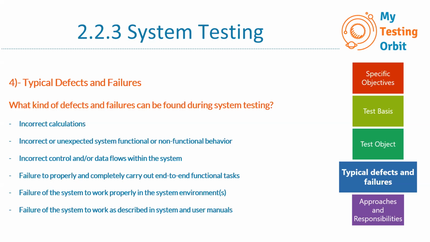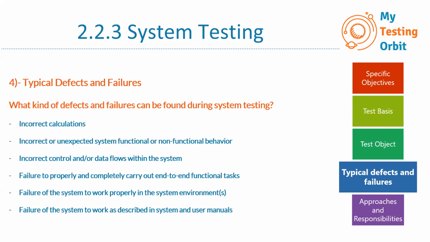calculations may be incorrect. So let's say we have an online shopping application and we are adding different products. If one product is for £50 and the other one is for £20, and when we add them to the shopping cart the total calculation is incorrect, that can be one of the defects.